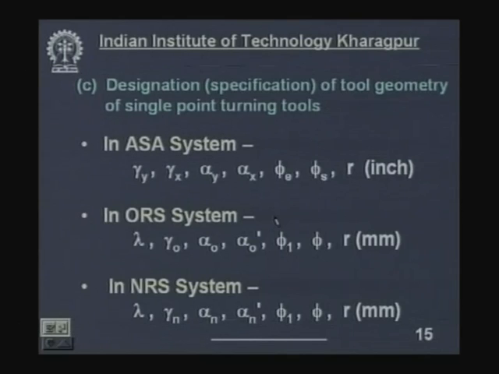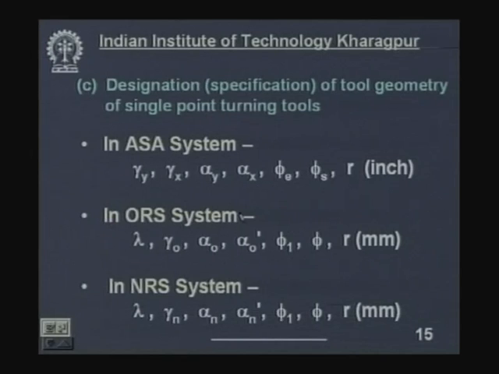And finally, see how the tools are specified or designated, the designation or specification of tool geometry in different systems. Say in the ASA system or machine reference system, the sequence has to be noted, the features, items, and there are 7 items, 1, 2, 3, 4, 5, 6, 7, and these are all independent, and the sequence is gamma y, that is back rake, gamma x, side rake, back clearance, side clearance, end cutting edge angle, approach angle, nose radius, expressed in inch.